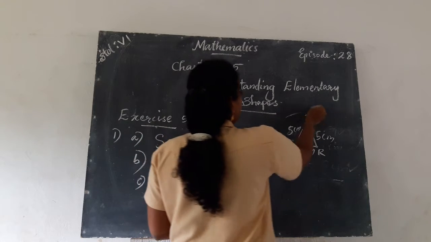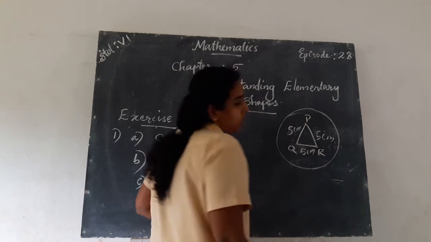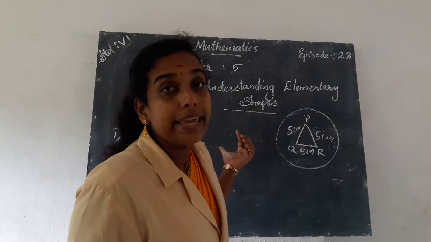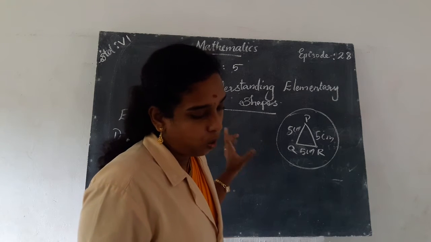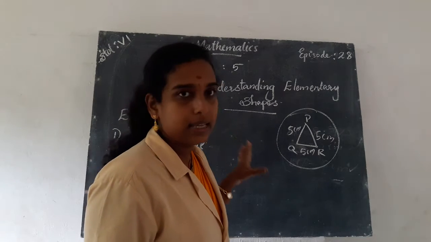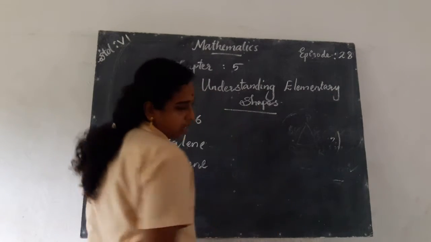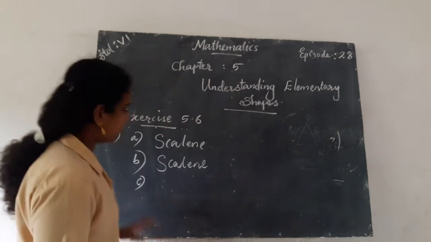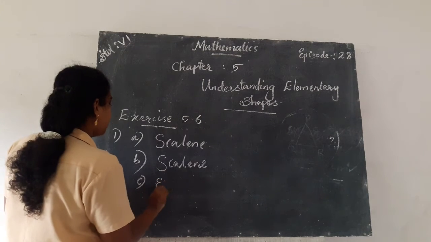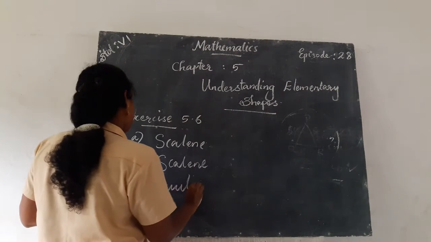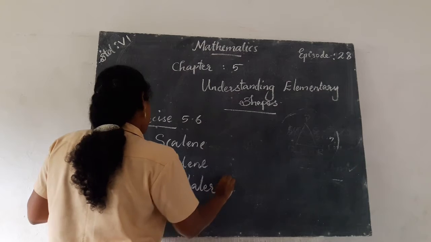So all three sides of the triangle are of equal length, and it's an equilateral triangle. The answer to the third question is equilateral triangle.